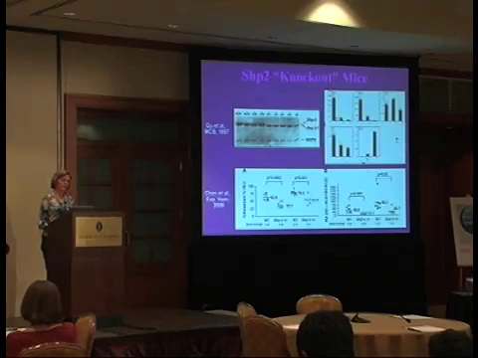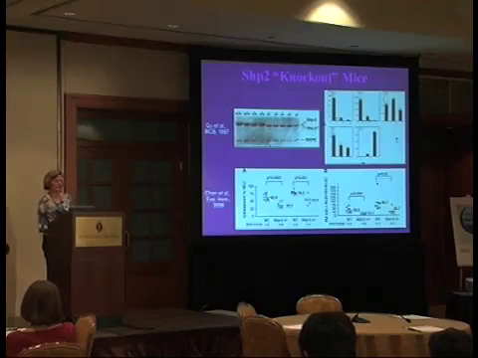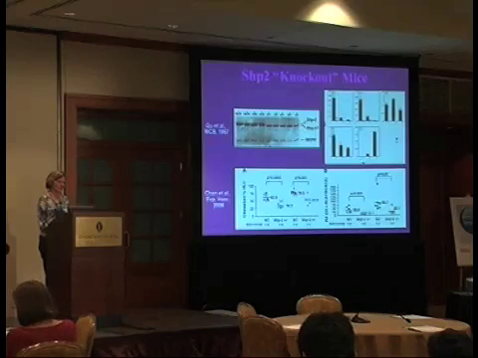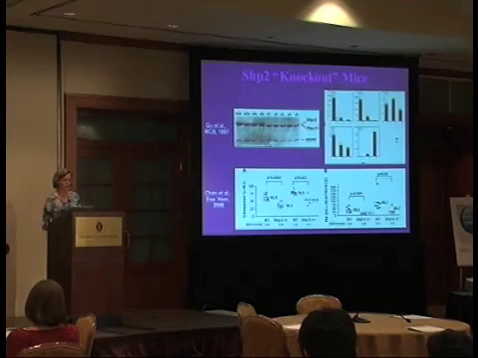The downside or the limitation to all of these studies, even though there is a lot of work done with this animal model, was that there is a residual SHP2 protein product, and that's shown in this Western blot here. So for example, in wild-type cells, this is the wild-type SHP2. You can see in heterozygous cells, the mutant allele still produces protein at a much lower level of expression.